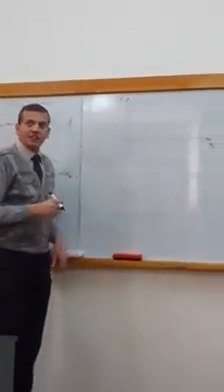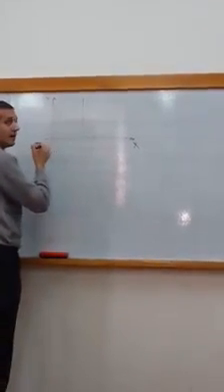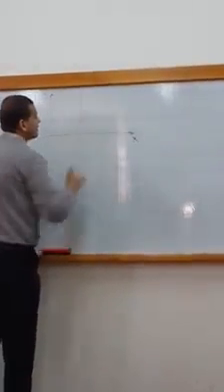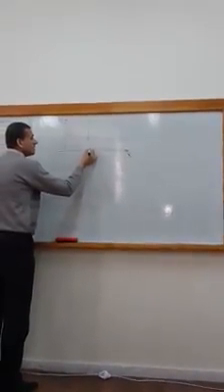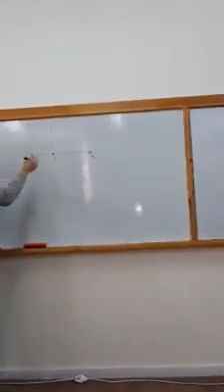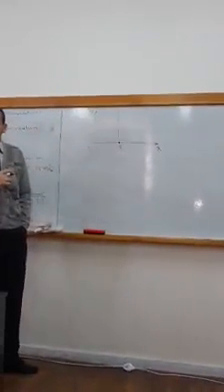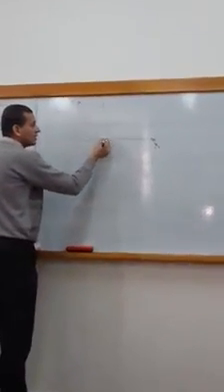Let us divide the first quarter into 4 equal parts like this. This point is x bar. You know, x bar is a measure of central tendency, so x bar is at this point. Also, y bar is at this point.